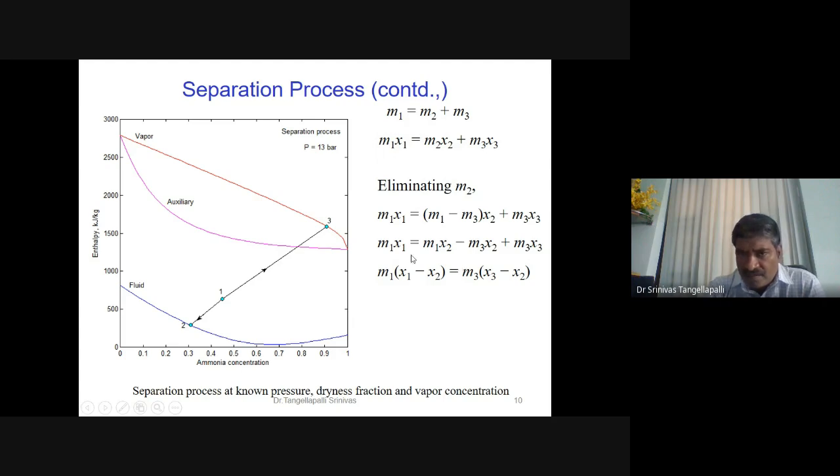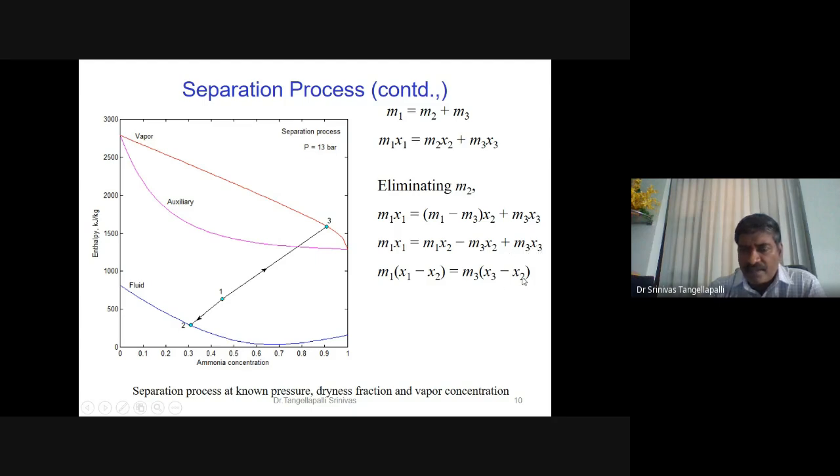Here we can see M1 and M3. M1 into X1 minus X2 can be taken out, and on the right hand side, M3 into X3 minus X2.